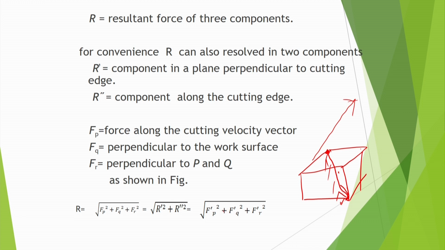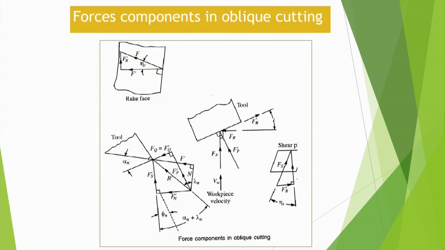And if I take a rotated coordinate system, I can have this type of relation. Now, this is a figure from G.K. Lal's book on machining. In fact, Merchant did this type of analysis for the first time. So suppose we make different views. This is a rake face in which the chip is flowing in this direction.